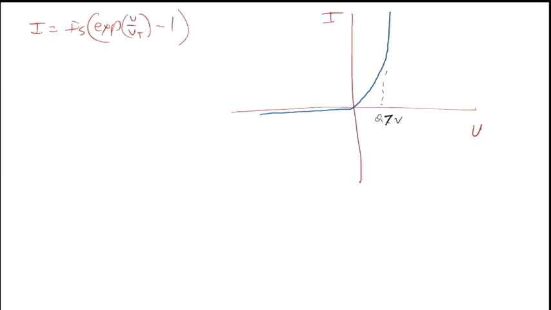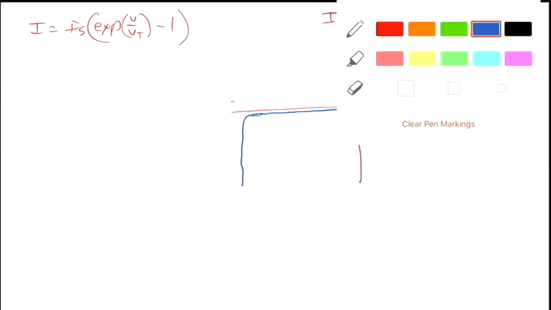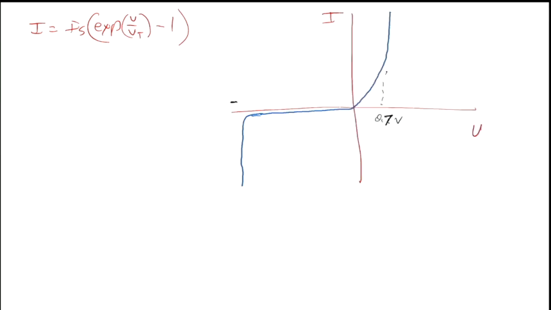Now, if you apply a very large reverse voltage, very large reverse bias, eventually you'll get to the point where the diode will break down. And that happens at minus VZ. A reverse breakdown. It's due to the Zener effect or the avalanche.